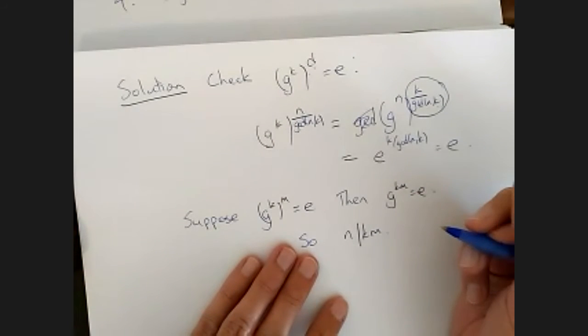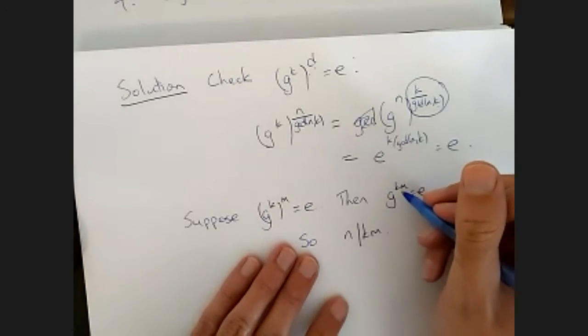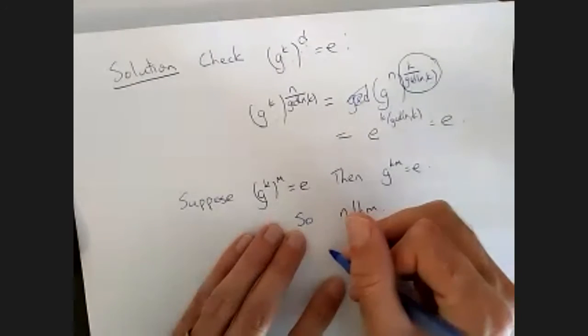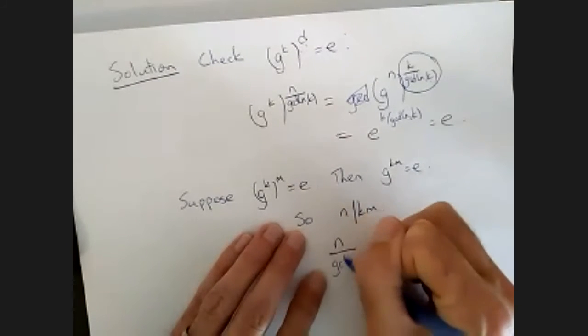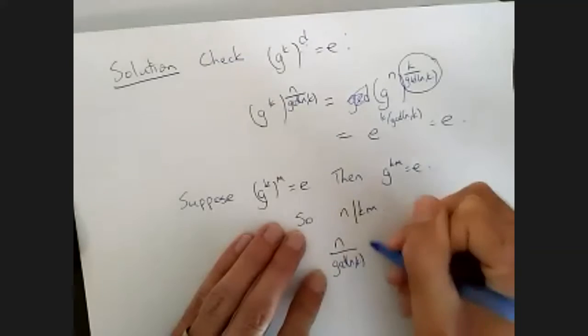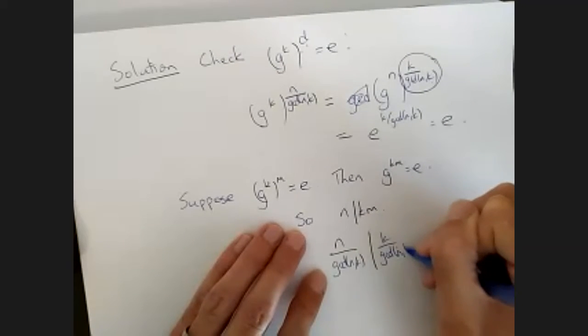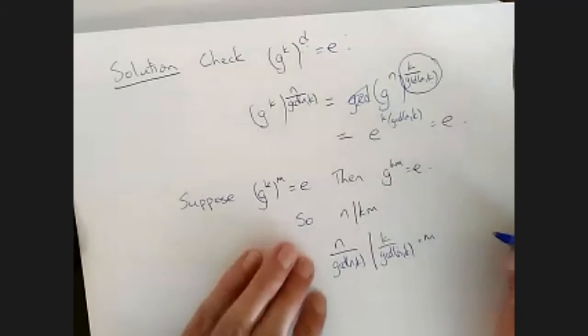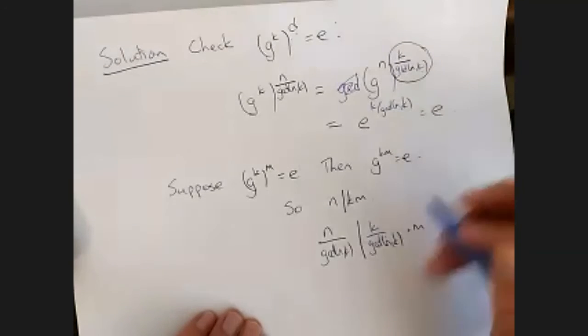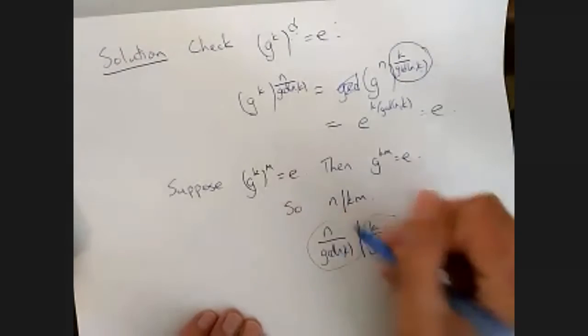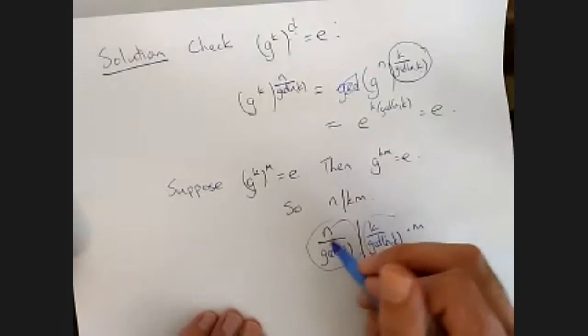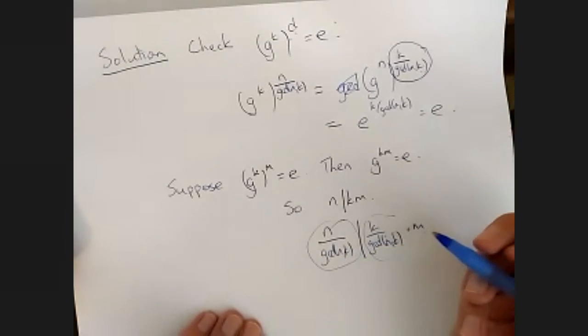Now if we divide through by the GCD of k and n, you have n over the GCD of n and k divides k over the GCD of n and k times m. And notice these two numbers share no common factors because we divided them all up. That's what the GCD is.